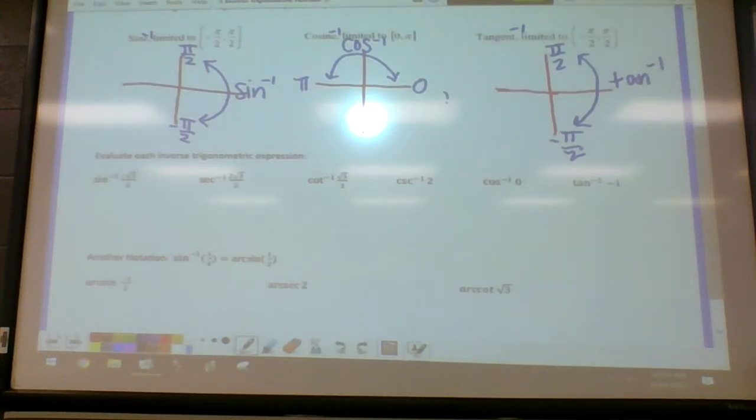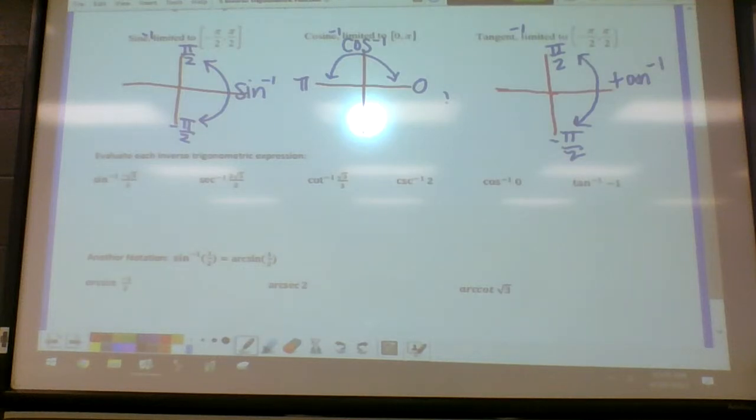So sine is negative square root of 3 over 2 in quadrant 4, and that happens at 5 pi over 3. But sine has to go between negative pi over 2 and positive pi over 2. So it is 5 pi over 3, but we need the negative number that gets us there.